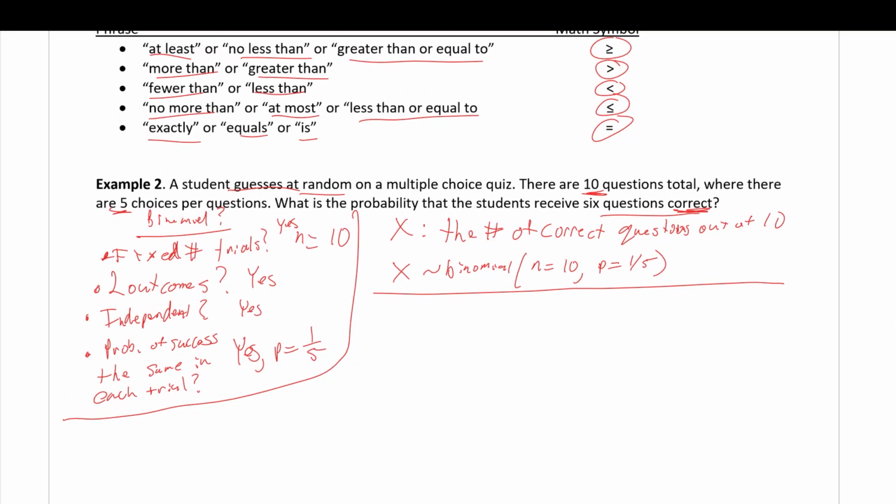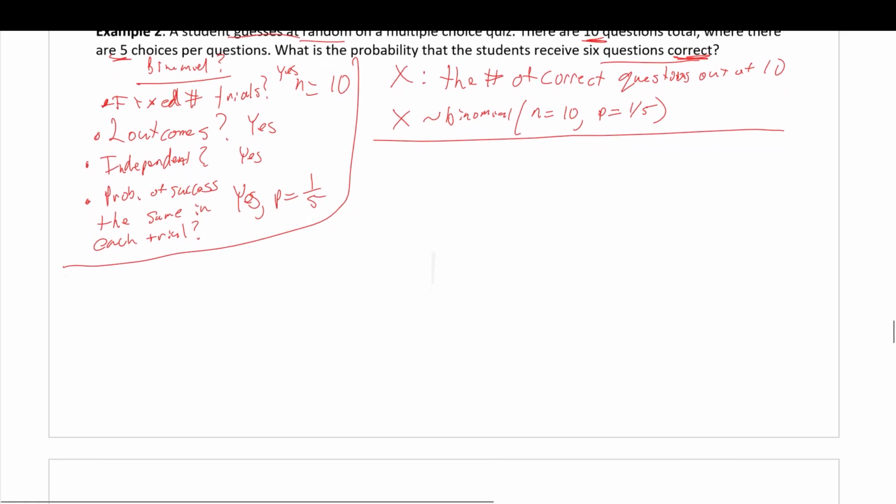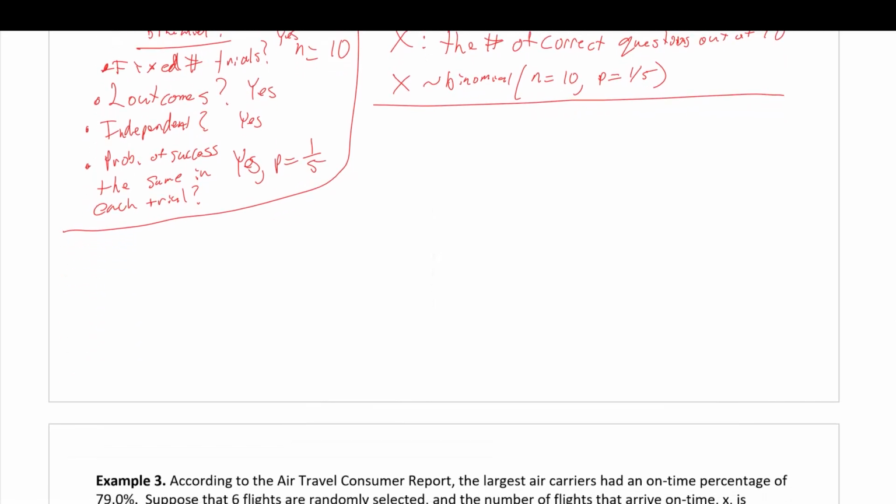Well, let me just show you what's going on here. Since we're dealing with a discrete probability distribution, we can come up with a table here. There is a probability of having 0 questions correct, 1, 2, 3, 4, 5, 6, all the way up to 10. And there's a probability associated with each one of these outcomes.